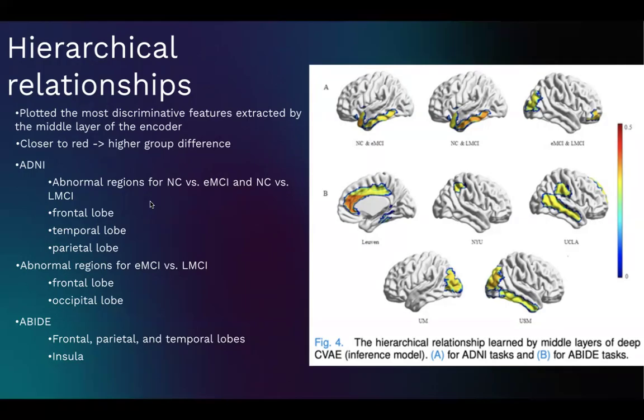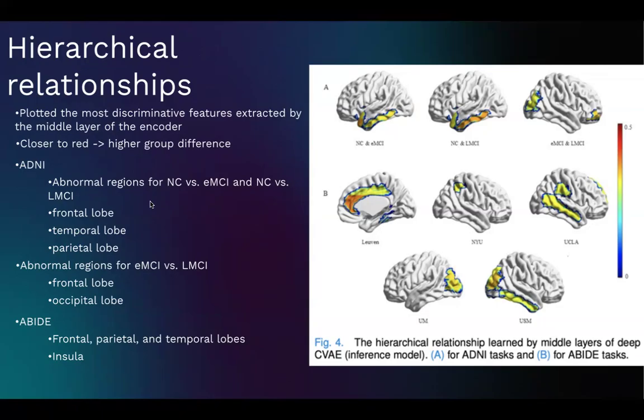So this is what they were finding. In this plot, closer to red is a more significant group difference. And for the ADNI data set, they were noticing abnormal regions in particular areas of the brain. And as well, they were noticing these kinds of findings.